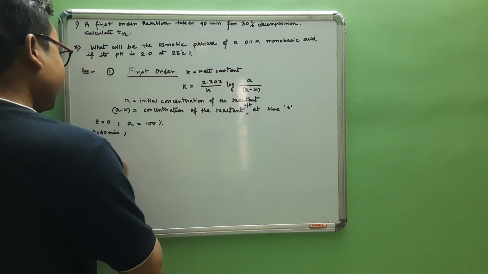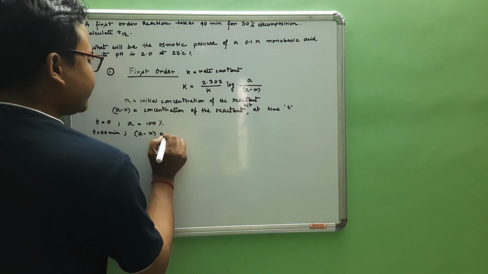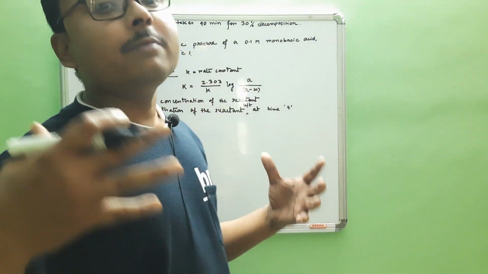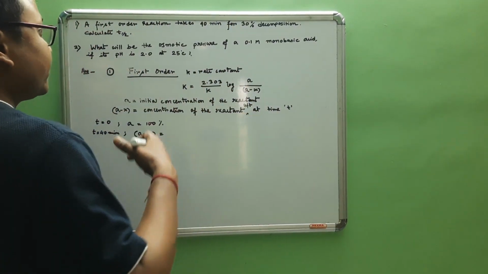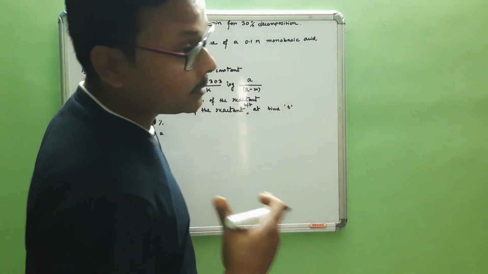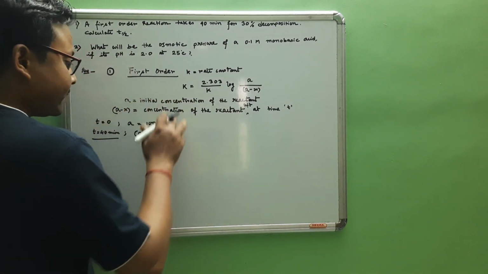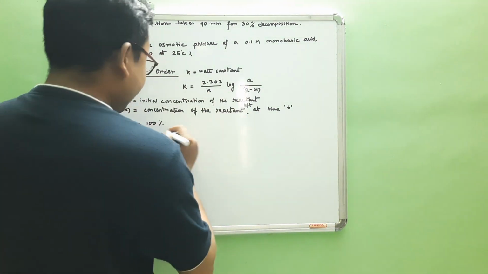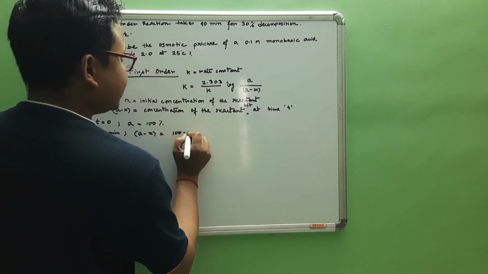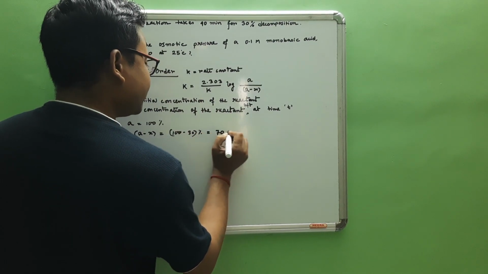That means 30% of the reactant has been consumed. So the percentage of the reactant left at t equals to 40 minutes is 100 minus 30, that means 70%.